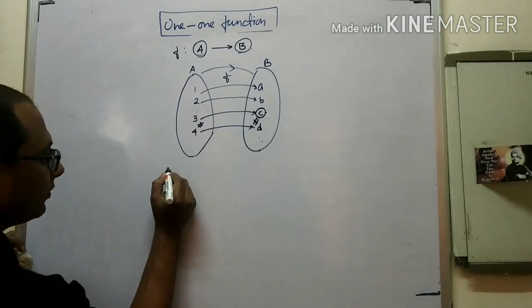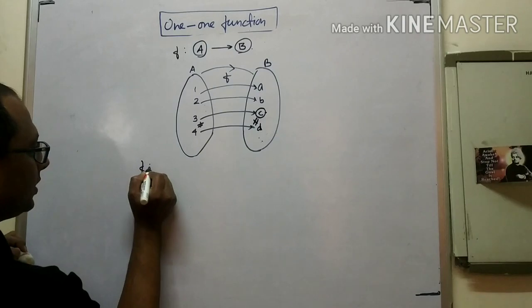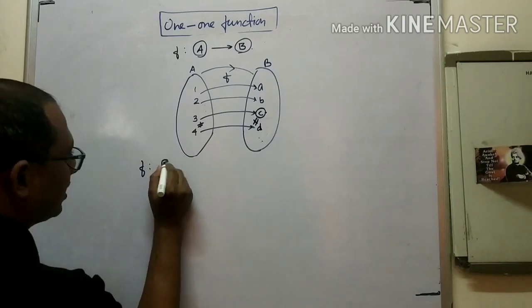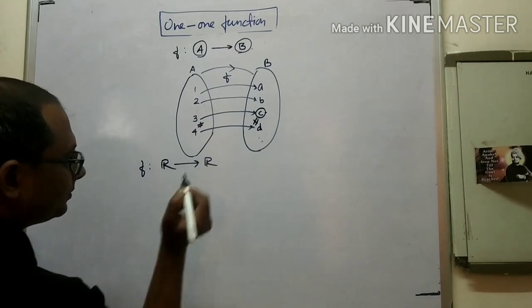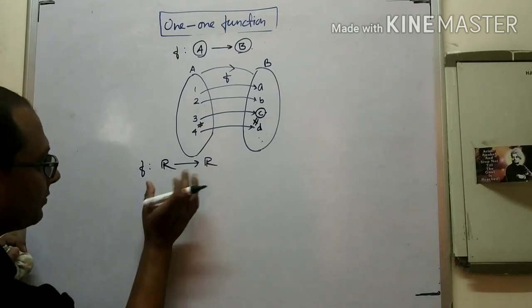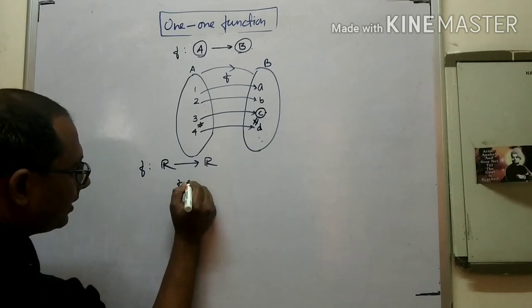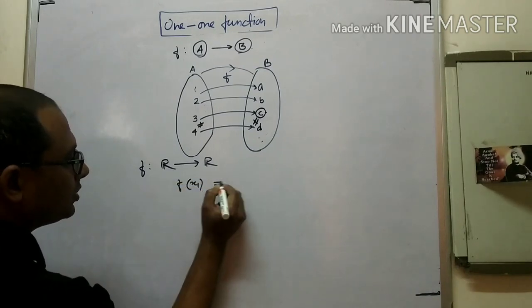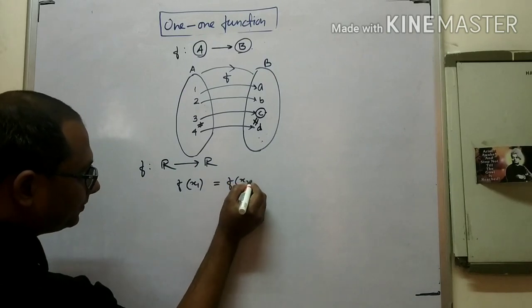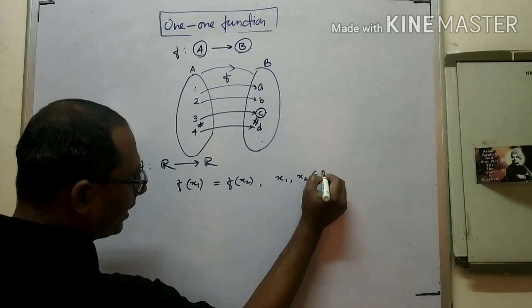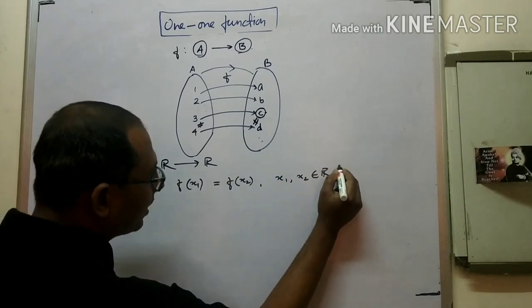So whenever we have to prove a function from a non-empty infinite set, suppose R to R, is 1-1, what we'll basically do is consider f(x1) equal to f(x2) for x1, x2 belonging to the domain.